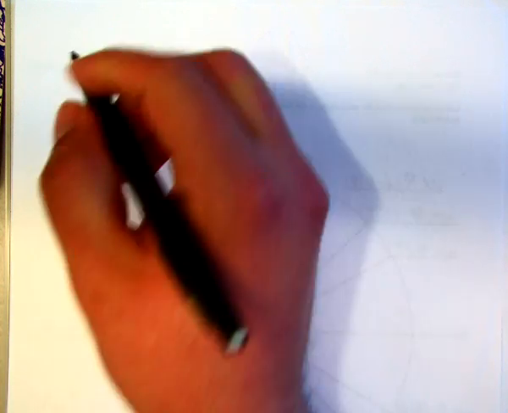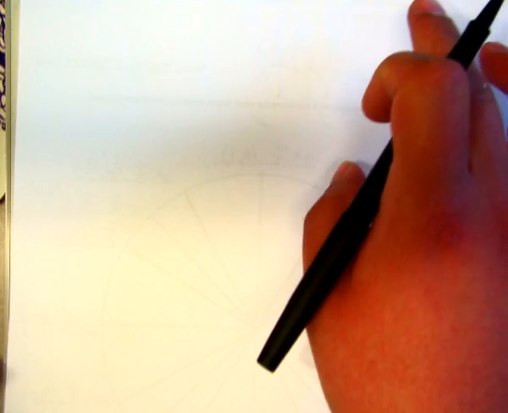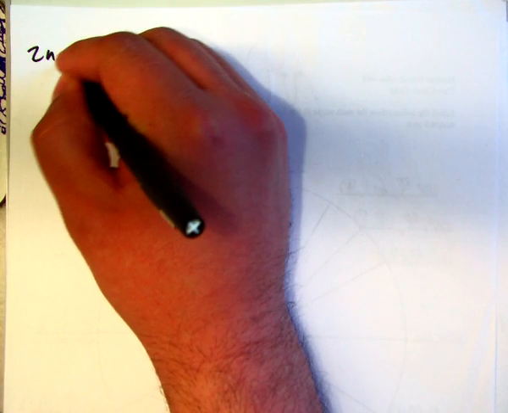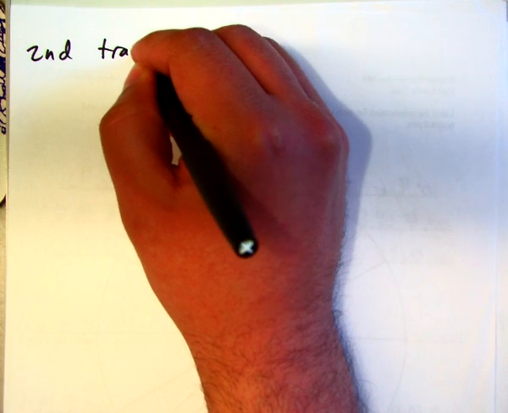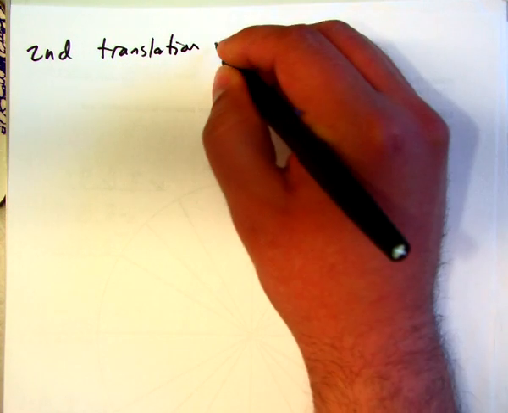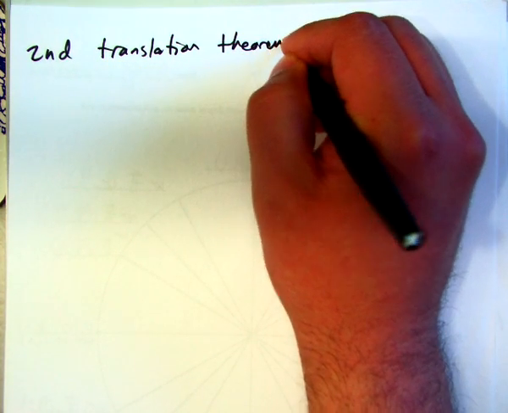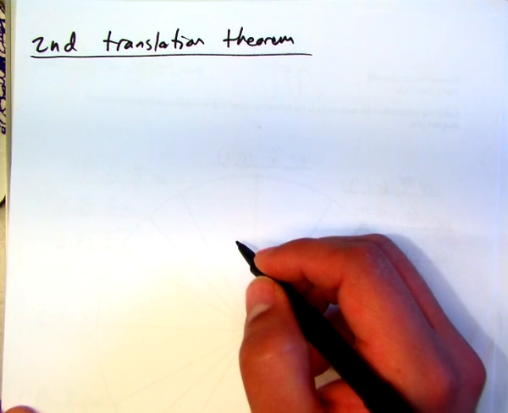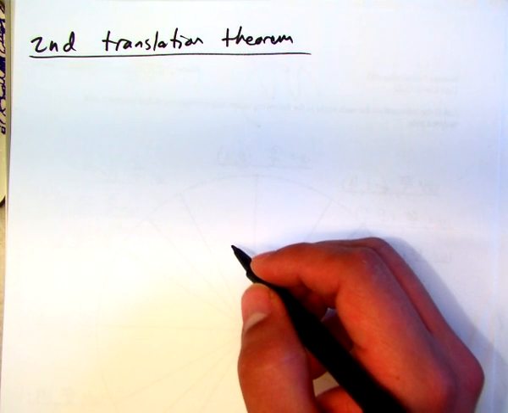So we're going to pick up right where we left off yesterday, and that was to go through the second translation theorem, which looks something like this.